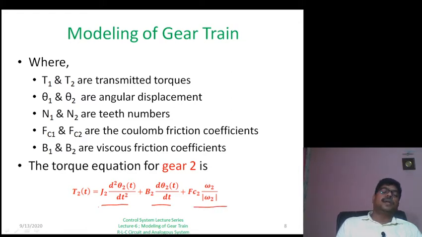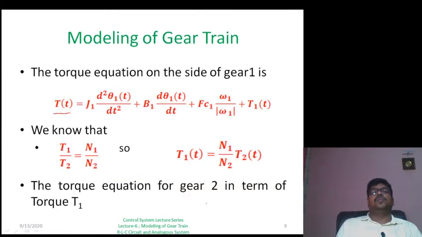Due to the inertia, the torque developed will be J2 d square theta 2 upon dt square, due to the viscous friction B2 d theta 2 upon dt, and due to Coulomb friction Fc2 omega 2 by mod of omega 2. So this is the torque expression for gear 2.